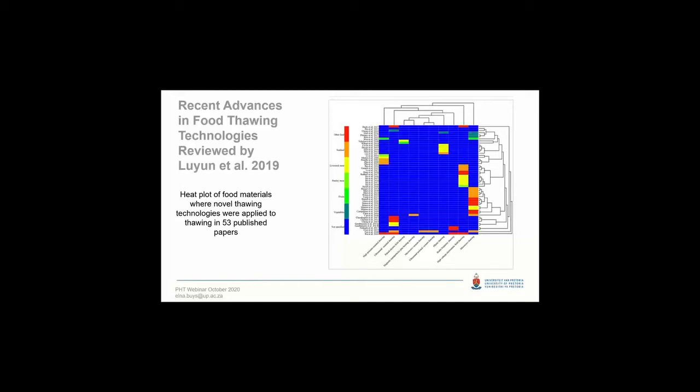In this paper, they have reviewed 53 published papers, and there's a nice heat plot of the food materials when novel thawing technologies are shown for various products. This could be quite an interesting resource related to thawing.